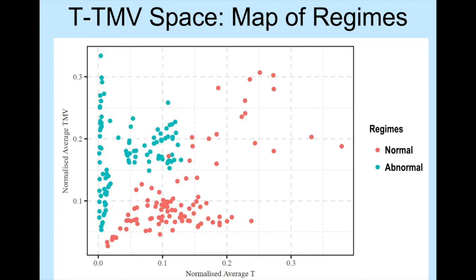There are certain overlaps between the normal and abnormal regimes, but the two regimes are by and large separable. This was an important discovery. We can now characterize normal and abnormal regimes based on their time and TMV values.